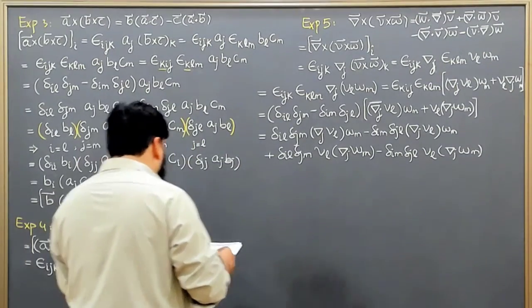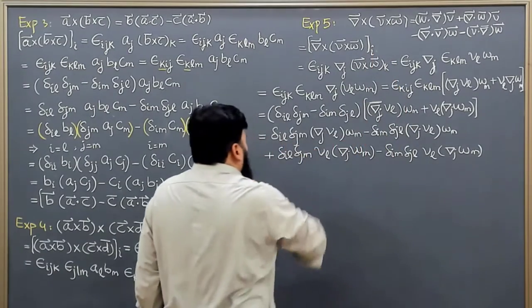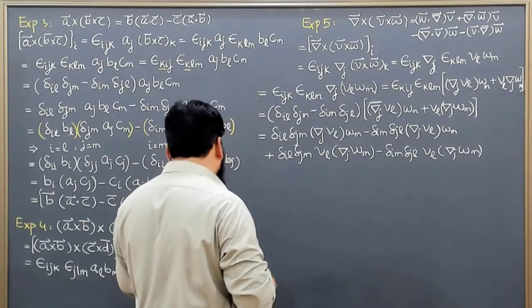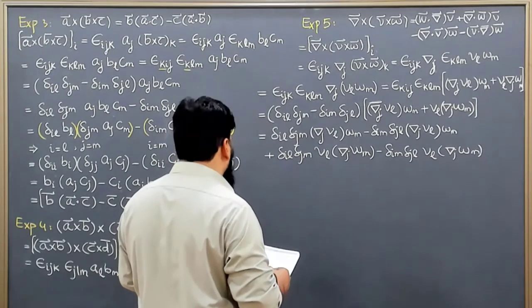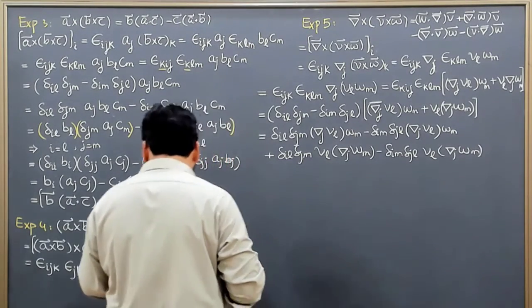Now, as we have taken the ith component here, I will take the ith component out of it, and with the V I can take this component.